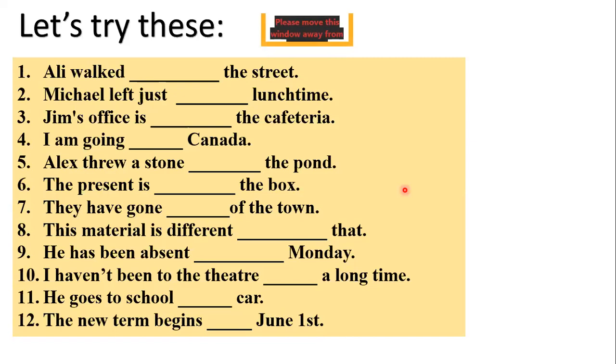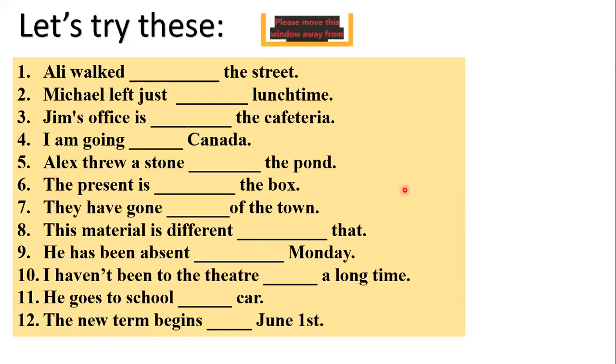Okay, the 10th one. I haven't been to a theater dash a long time. Who's going to answer this one? I haven't been to a theater for a long time. Exactly, for a long time. Or you can also say from a long time, but the more appropriate one is for.